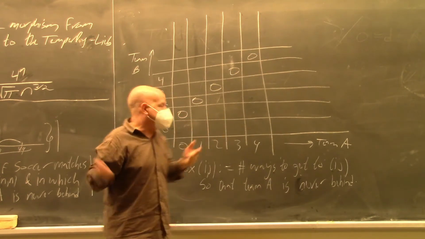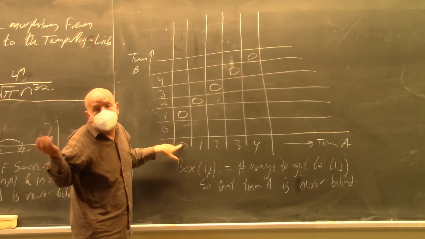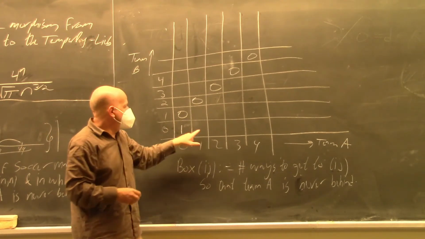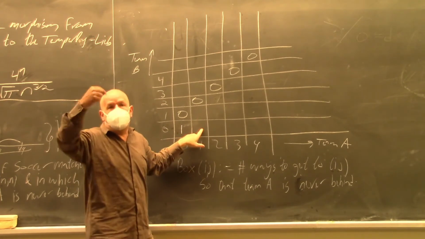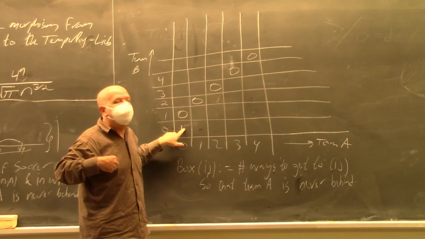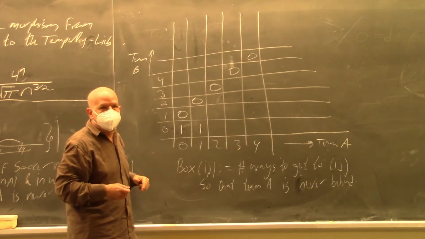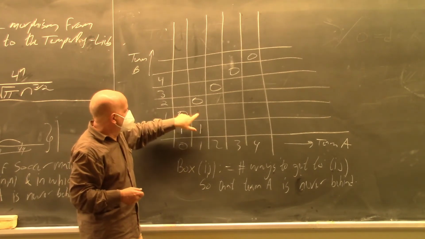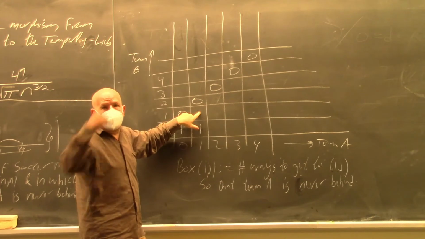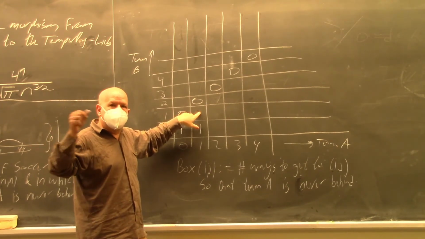So let's compute them. How many ways is there to get to the score 0, 0? 1. How many ways are there to get to this score? The score one goal before must have been that one, so there's only one way. How many ways to get to the score 1, 1? The score before must have been either 1, 0 or 0, 1.